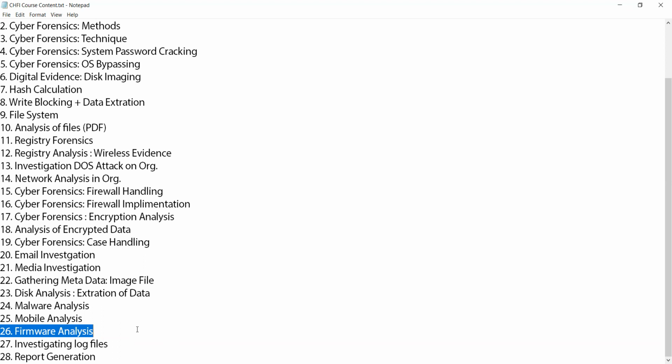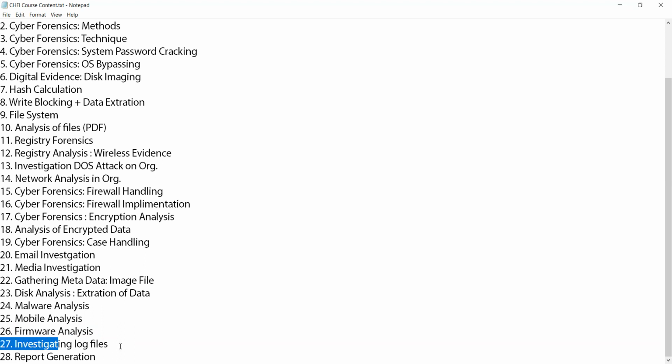We know very well the IoT device uses firmware as a small part of the OS. So we can investigate that particular firmware with firmware analysis, and we will see that procedure on the basis of a Linux distribution with the use of some tools. I will tell you what type of tool we will use in coming classes.